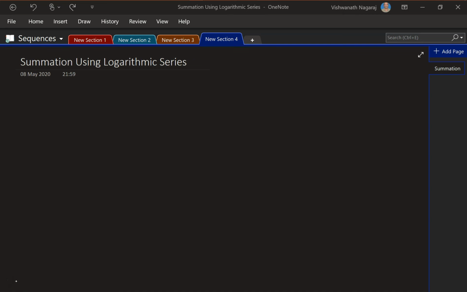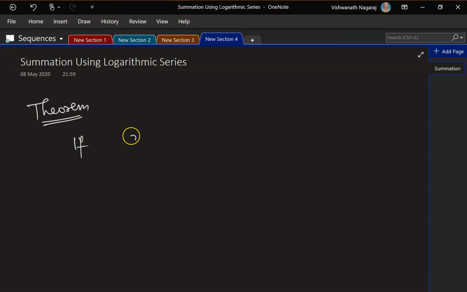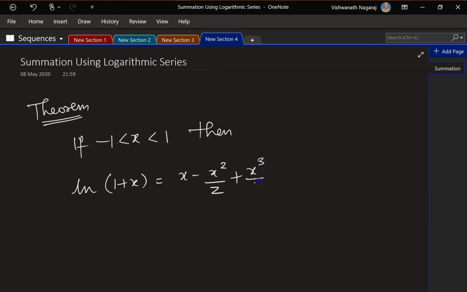Let's look at summation using logarithmic series. Now the theorem associated with it is: if x is between 1 and -1, then natural log, or it can also be written as log to the base e, of 1 plus x is equal to x minus x square by 2 plus x cube by 3 minus x4 by 4 and so on.